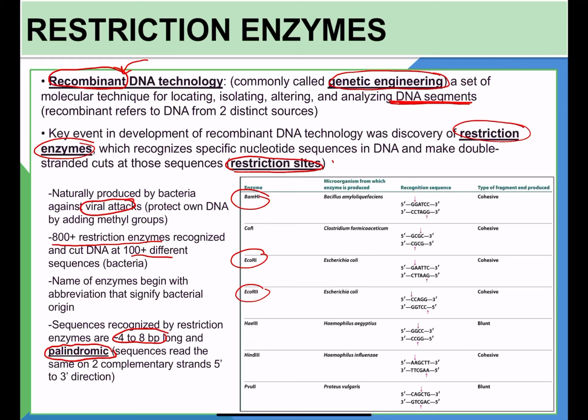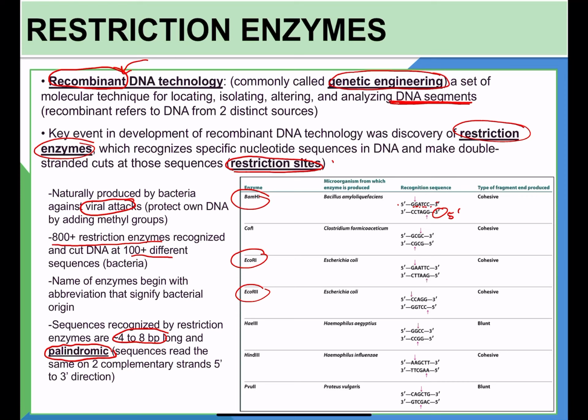So, for example, you have GGATCC here for BamHI restriction sites from 5' to 3', and in the other case, here's a typo from the book. This should be 5'. So from 5' to 3' it is read the same way, GGATCC.